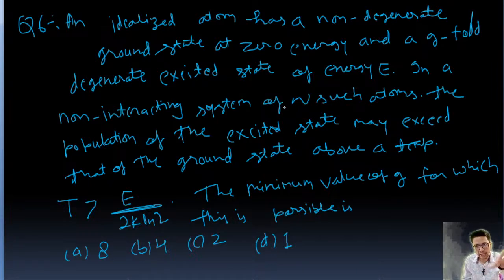The number of atoms in the excited state may be greater than that of the ground state when the temperature is above E upon 2K ln 2. We need to find the minimum value of G for which this is possible. Very good question. I'll solve it for you now.